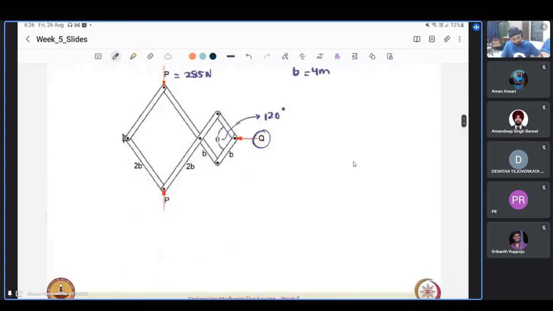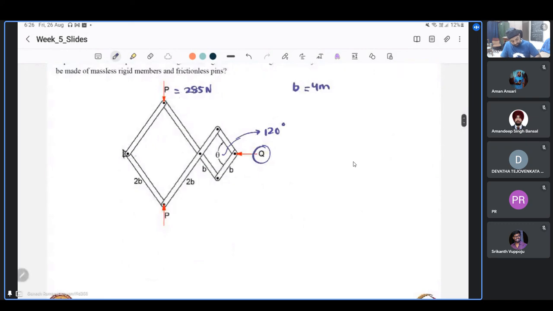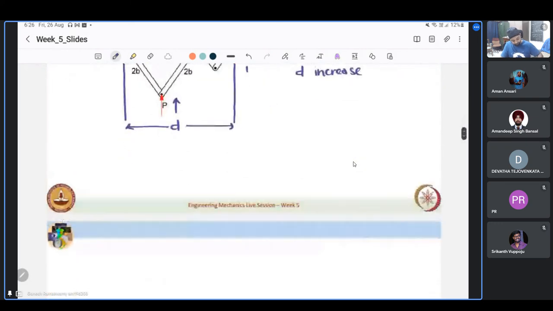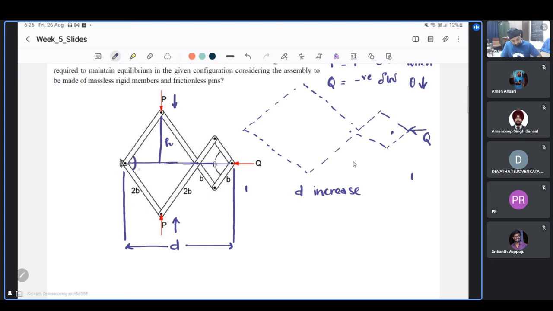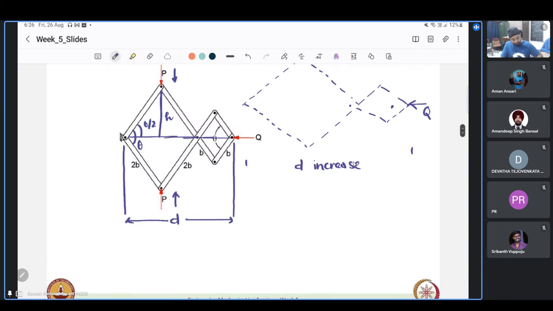Now coming to the geometrical constraints, we can see that if I just erase this, if we join this line and call it H, then if this is theta, then this is theta by 2. So what will H come out to be?